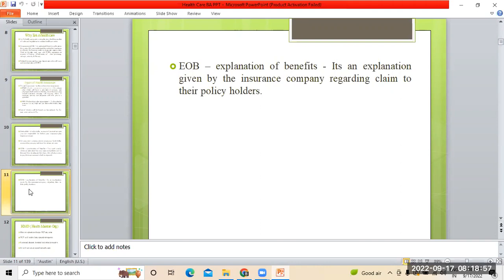But here there are two different things. One, a person taking individual insurance comes under one category. But again, there are group insurances. For example, a person working for an organization where that organization provides health insurance for their employees.